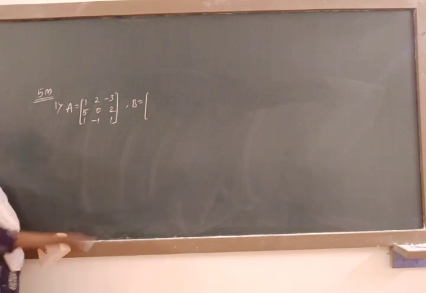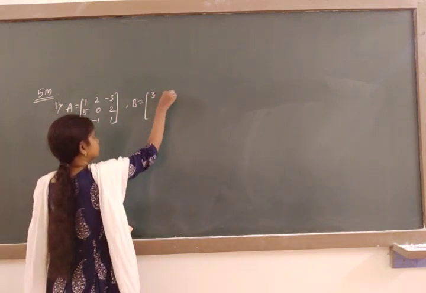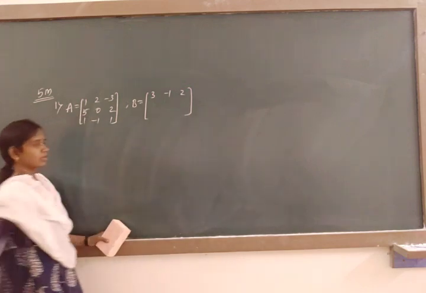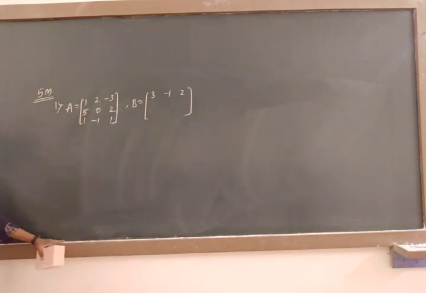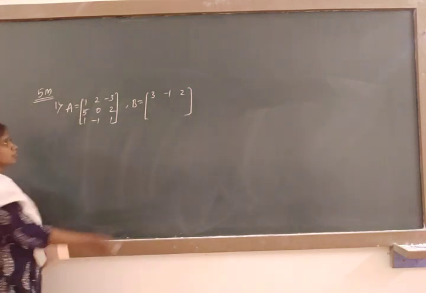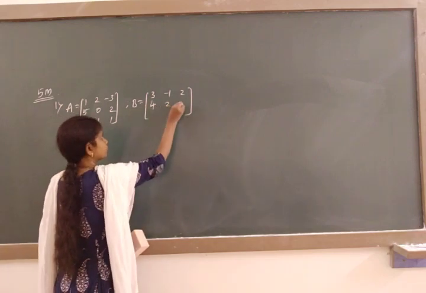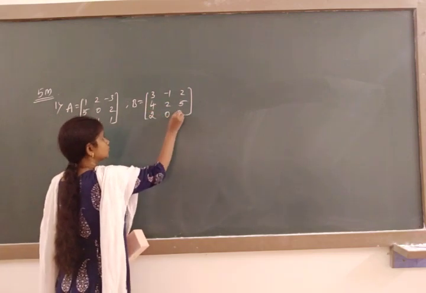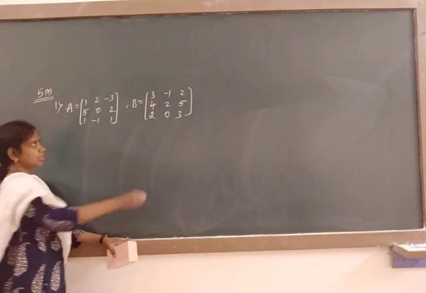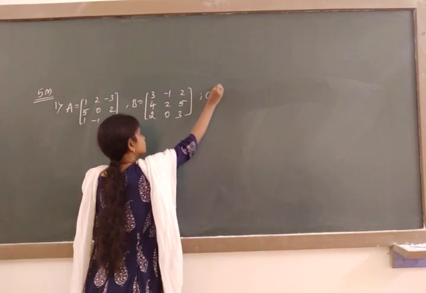First row 3 minus 1 2, second 4 2 5, third 2 0 3. Next you take C matrix.